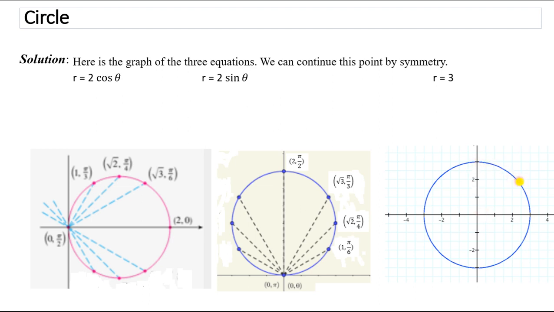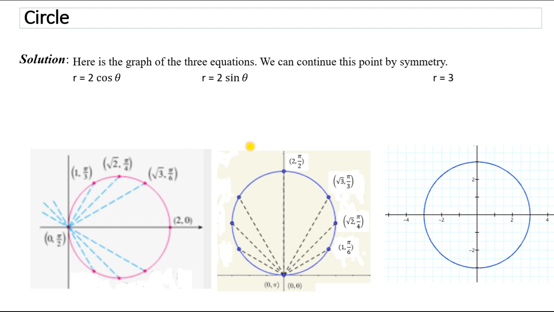I connect between these points and continue the graph by symmetry about the y-axis, about the origin, about the x-axis. r = 3 is symmetric about x, y, and origin. The range of θ is from 0 until 2π.